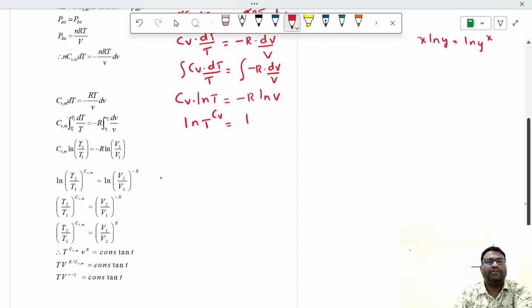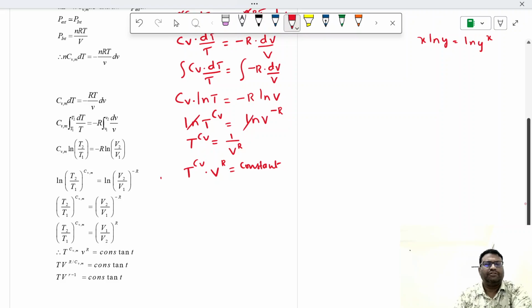Then what do you get? Natural log T power Cv is equal to natural log V power minus R. That means T power Cv is equal to 1 by V power R. V power minus R is equal to 1 by V power R. Then T power Cv into V power R is equal to constant.